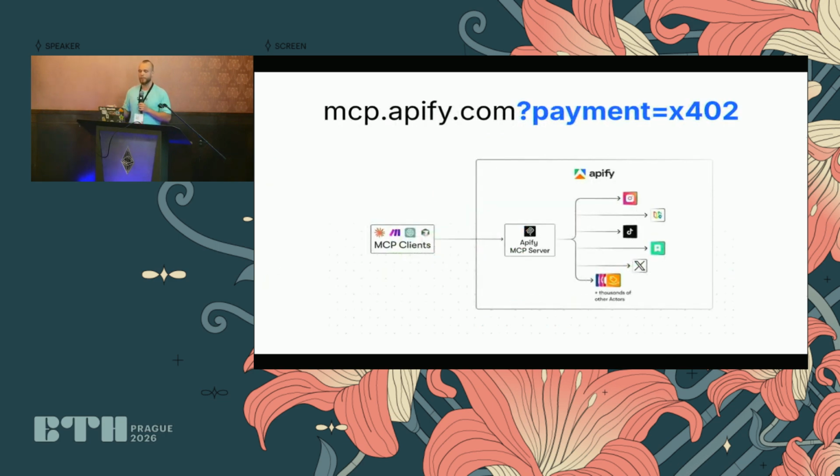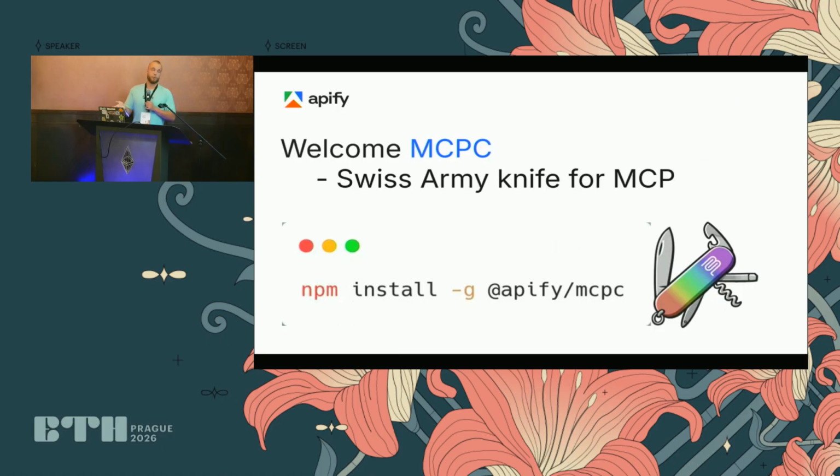Same goes with MCP, but with MCP it's much easier because the idea is that you just change the URL and you use our custom client that has actual support built in for the x402 and it just magically works. So that's why we built MCPC, the custom MCP client. So it's MCP client for CLI.